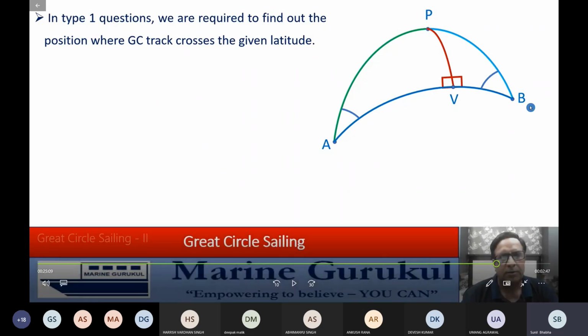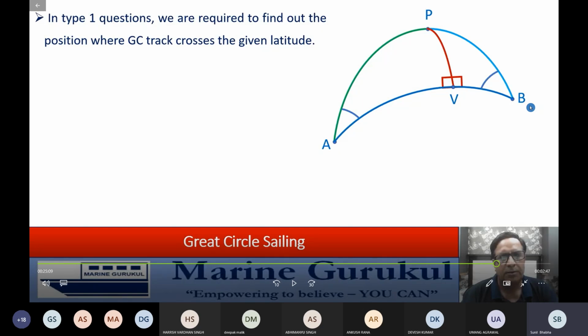So beta, now we are going to discuss the first type, in which they have given us a certain latitude and they want us to find out the position where the great circle track crosses that particular latitude. So this is the first type. Latitude is given and we need to know the position where the great circle track crosses that latitude. First of all, we will find out the vertex.